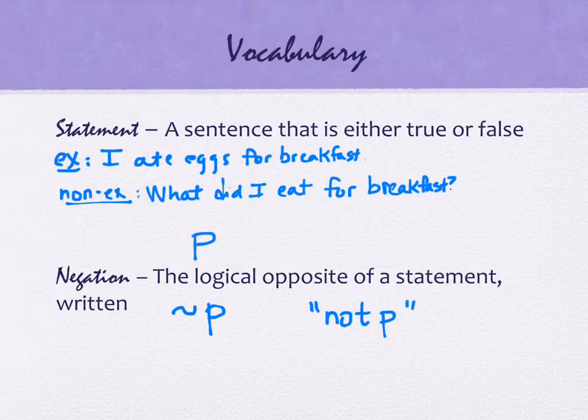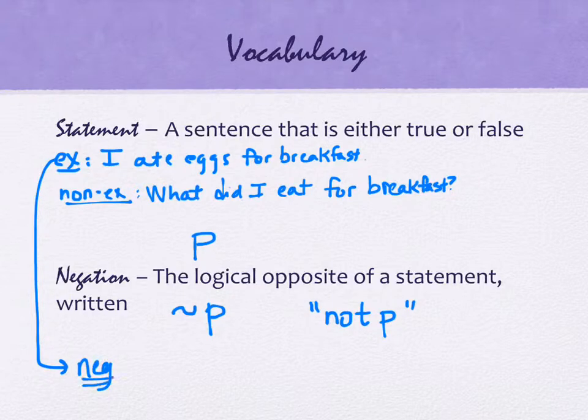So, this is pretty easy when we have a statement like, I ate eggs for breakfast. What would the logical equivalent, what would the negation be for I ate eggs for breakfast? I didn't. The negation would be, I did not, or I didn't, either way.